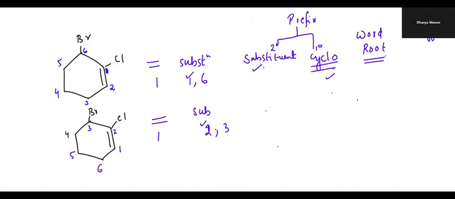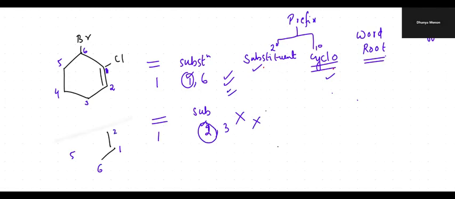The first point of difference, definitely. So you will go with this. You will not go with the other, because here the first point of difference is 1 and there it is 2. So definitely you will choose this.